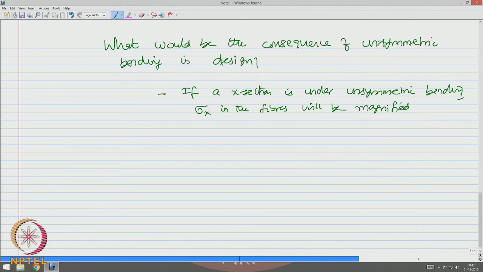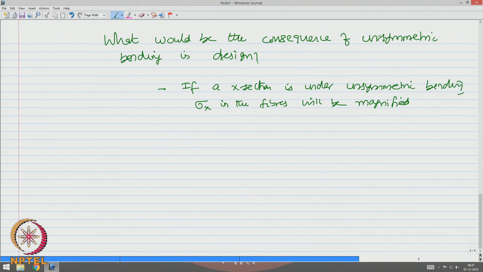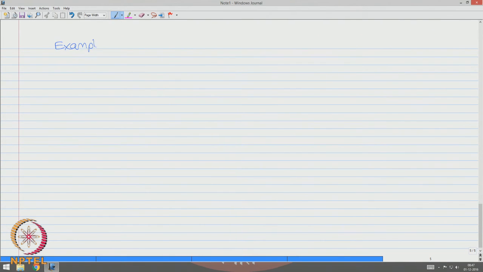To understand this, we will take an example. Let us say example 3. ISMB 500 at 86.9 kg per meter is used as a supporting member of an offshore deck.